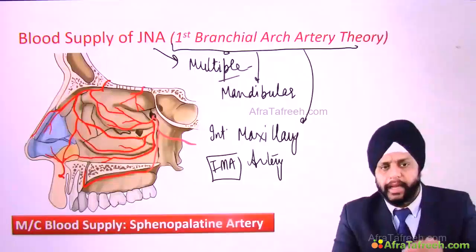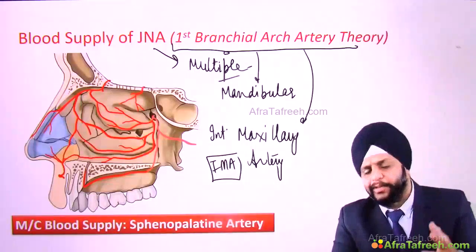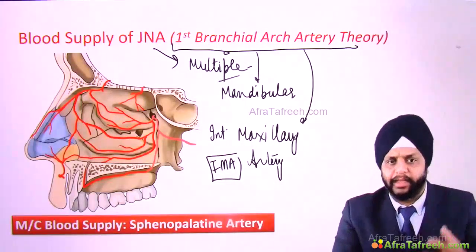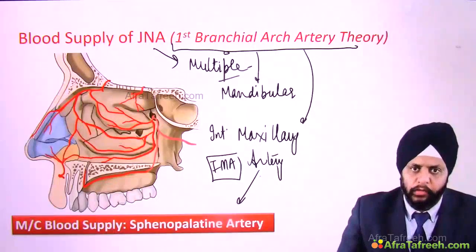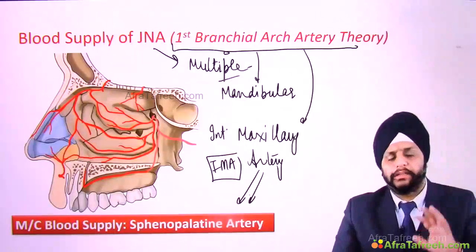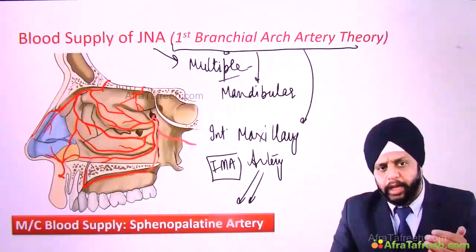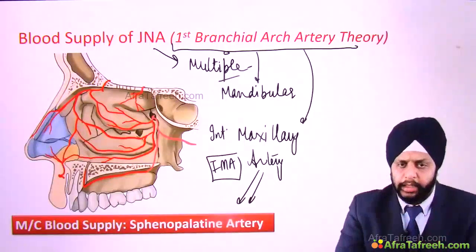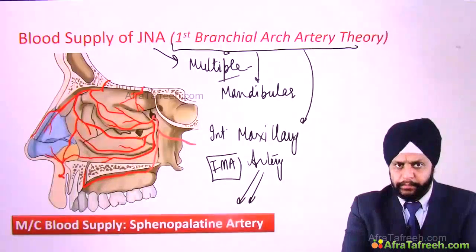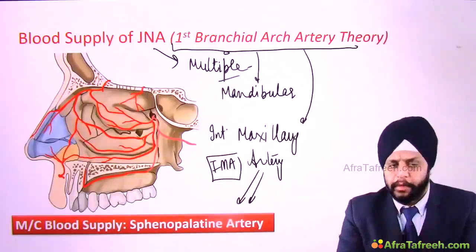Okay, and of the maxillary artery, the branch which comes into the nasal cavity is the sphenopalatine artery. So remember, if somebody asks you what is the most common blood supply, remember the JNA is rising from the sphenopalatine artery. That's a branch of maxillary artery. So that is of course the most common blood supply.